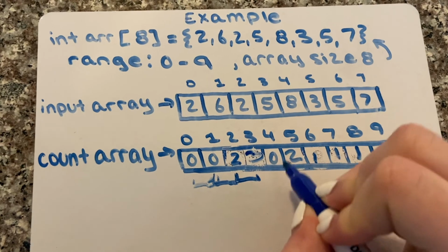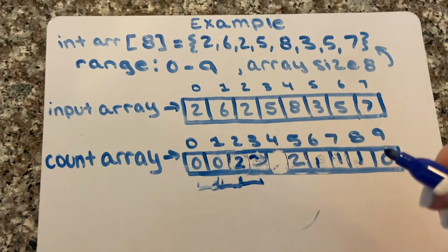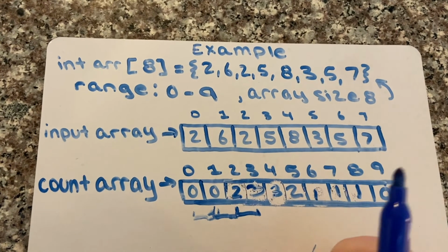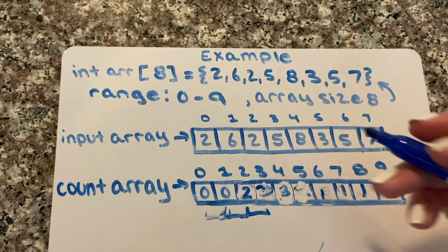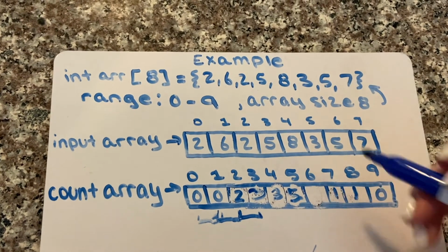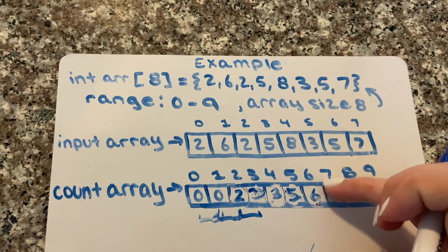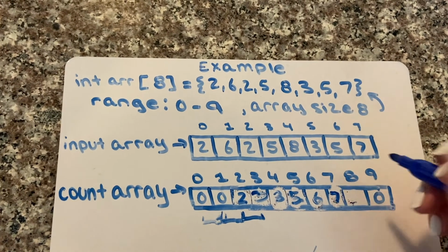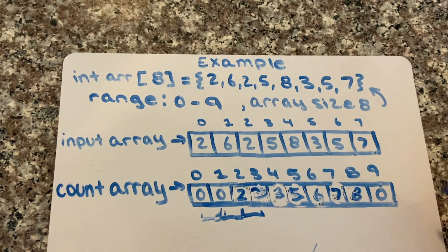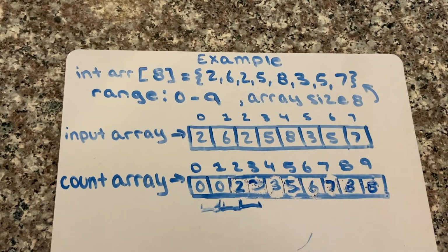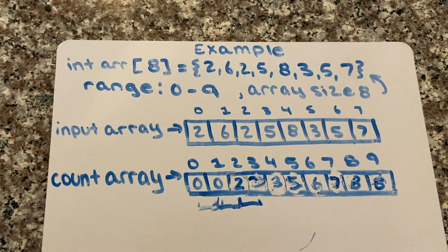Okay, this will be 3 plus 0, making it 3 as well. And then here you do 3 plus 2, making it 5. 5 plus 1, 6 plus 1, 7. 7 plus 1, 8. And then 8 plus 0, another 8. And then we're kicked out of the count array because we got to the end of it.